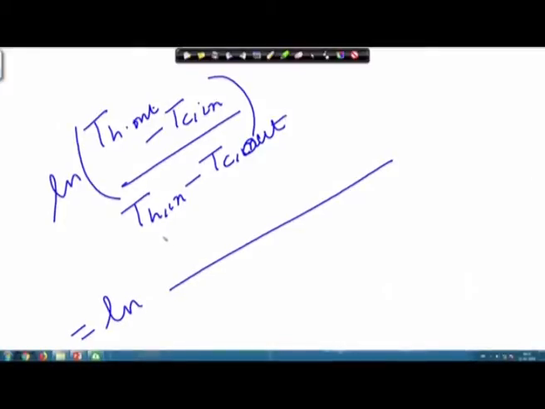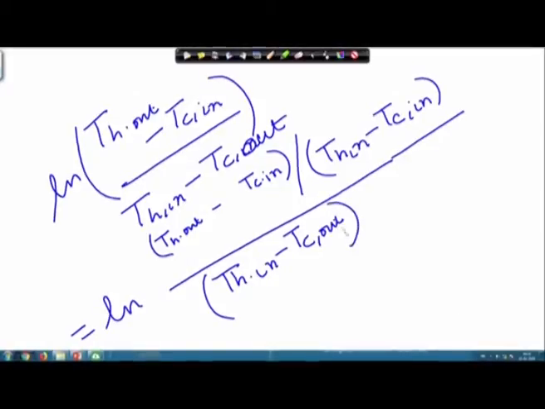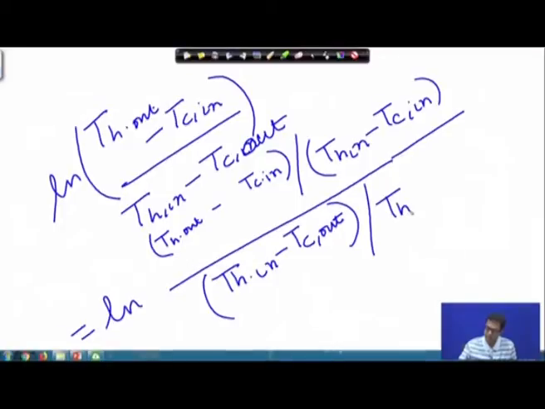Okay. So, what we have to do is that T_H,out minus T_C,in, this numerator will be divided by the maximum difference in temperature T_H,in minus T_C,in, and the denominator also will be divided, T_H,in minus T_C,out divided by T_H,in minus T_C,in.